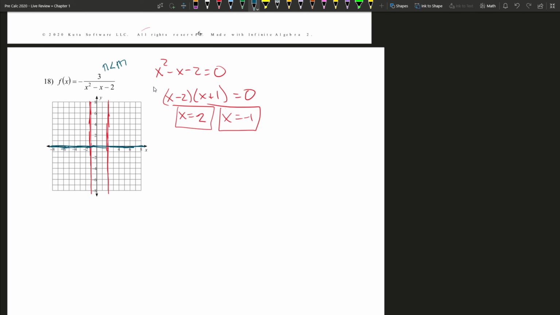And again, you do the same thing. You test the left, you test the right, and you test in between. I'm going to do that really quick. So let's test -2. Keep in mind there's a negative on the outside.